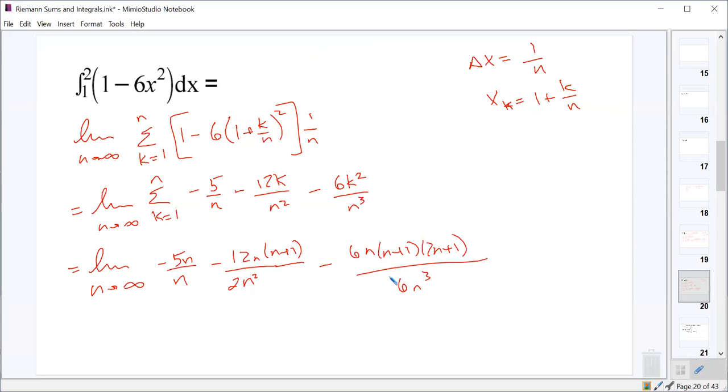And so each of those is a rational function, so we can find each one by dividing the leading coefficients, since this one has a degree of 1, this one has a degree of 2, and this one has a degree of 3. This ought to give us negative 5 minus 6 minus 2, or negative 13. Good.